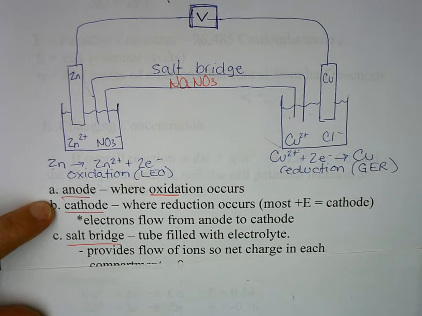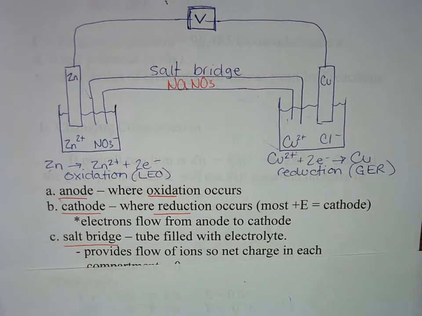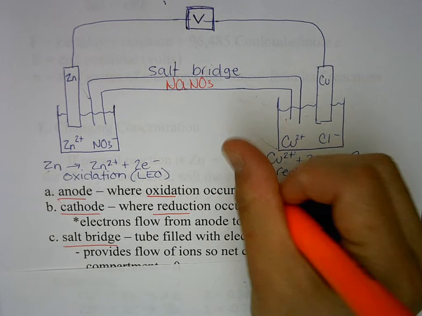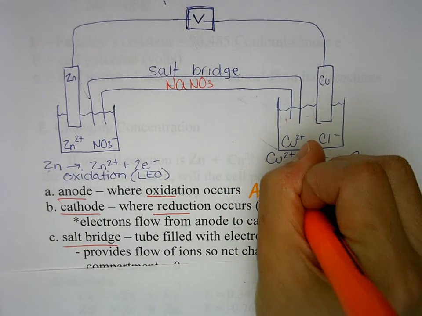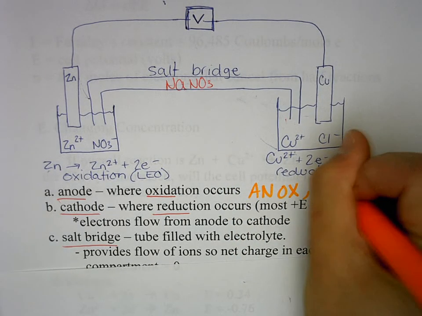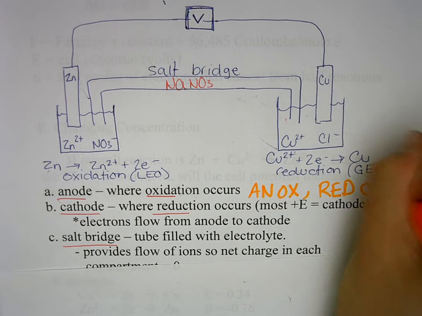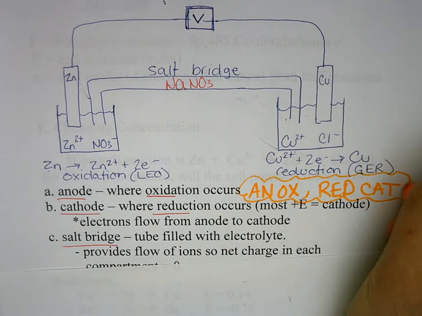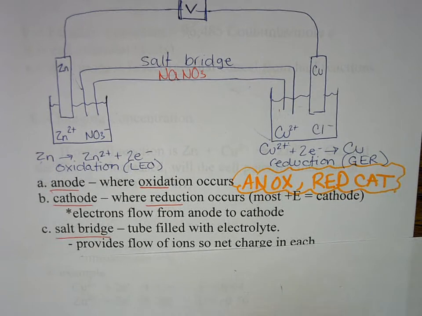The cathode is where reduction occurs. Electrochemistry has all these funny ways to remember stuff, like LEO. If you can remember an ox and red cat, then you can remember these definitions. The anode is where oxidation happens. The cathode is where reduction happens.